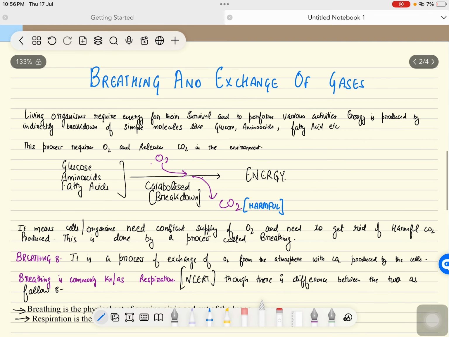We know that living organisms require energy for their survival and to perform various activities. Energy is produced by the indirect breakdown of simple molecules like glucose, amino acids, fatty acids. This process requires oxygen and releases CO2 into the environment.